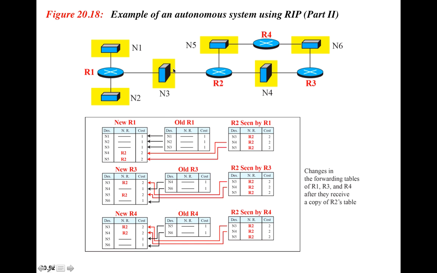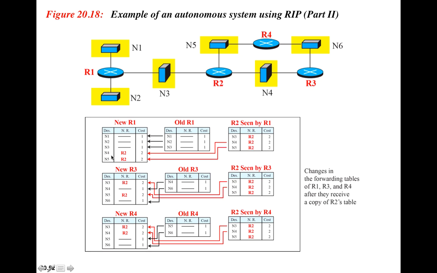But when they exchange information, okay, when R1 sees R2's forwarding table, here, it's not going to accept N3 because it has already got a value for N3 which is less. It will take N4, but before it takes N4, it will update the values, okay?